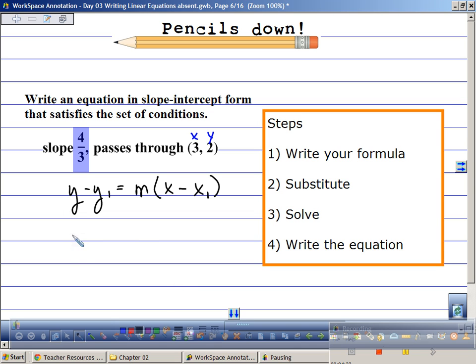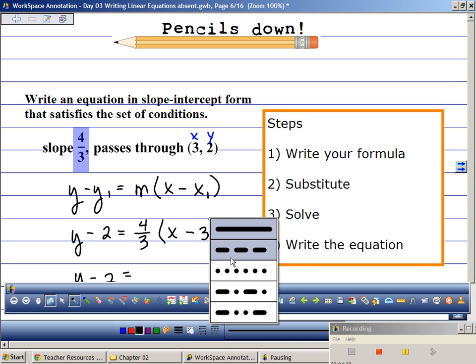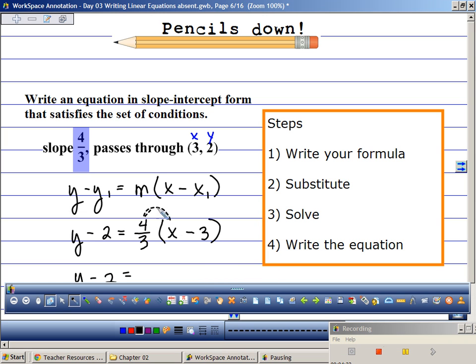All right, so substituting y minus, what is my y value? 2 equals my slope, which is 4/3, times x. What's my x value? 3. Continuing, y minus 2 equals, let's distribute. Distribute this and distribute this.